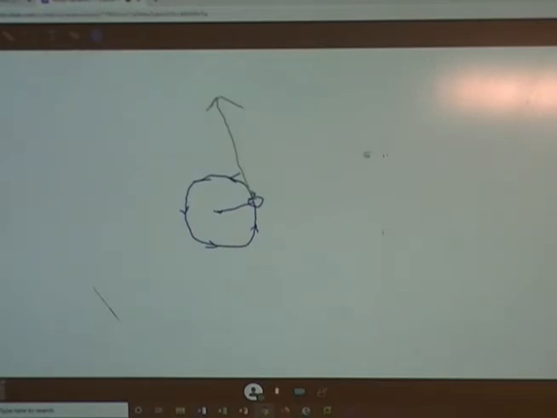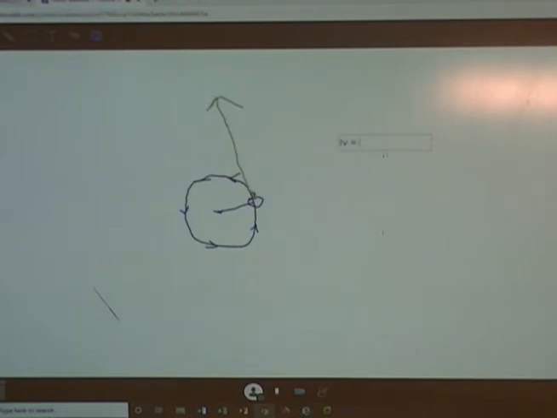So we have an equation that we can use here that is linear velocity. And these are my symbols, so I might not be using the right symbols, but they're the ones that help me remember this.